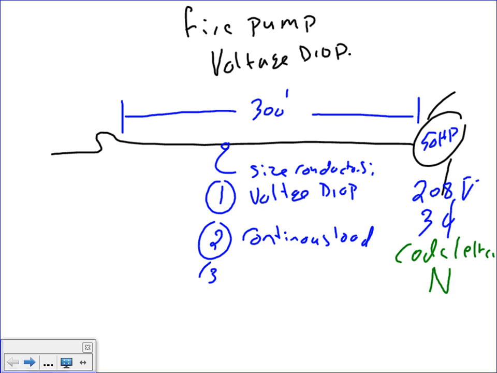Number three, voltage dip. Voltage drop, continuous load, voltage dip. Three calculations. And guess, guys, which one are we going to choose? Anybody can guess? The one that gets you the largest conductor.